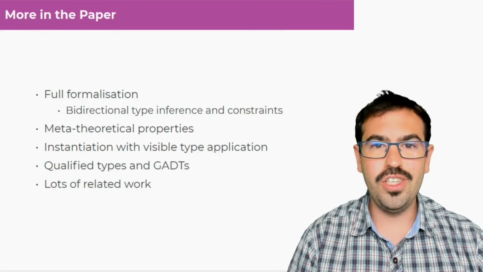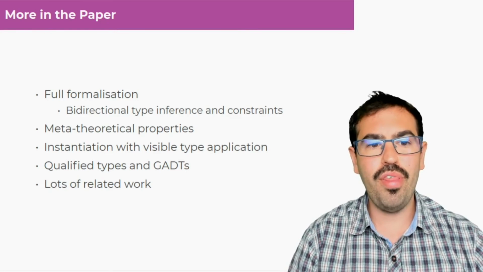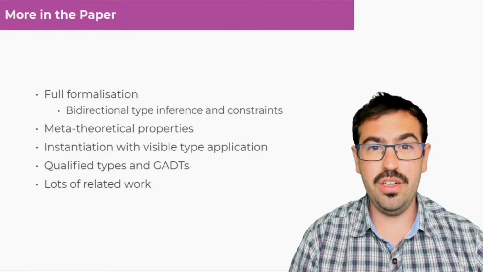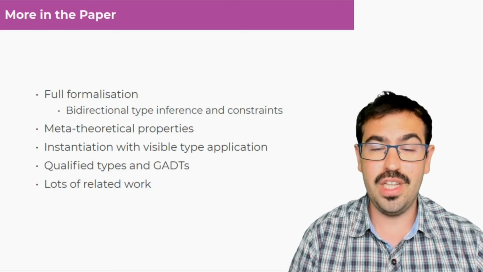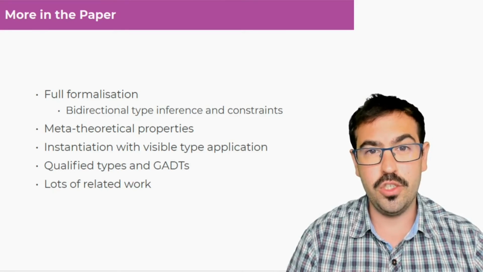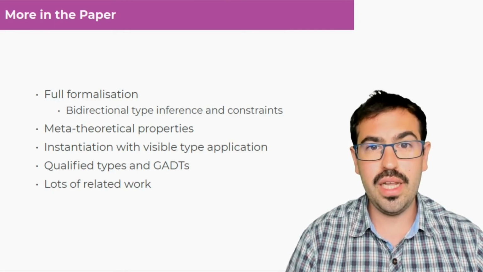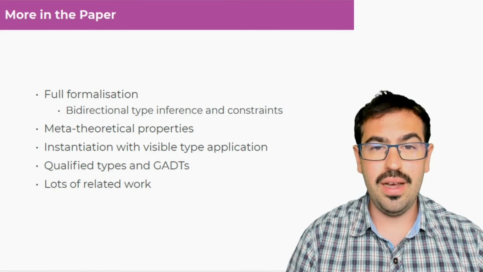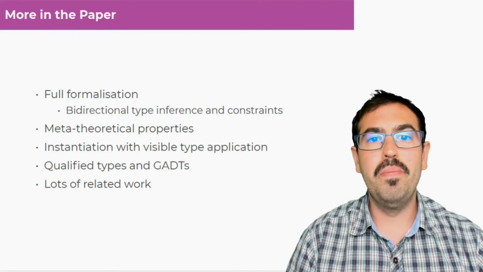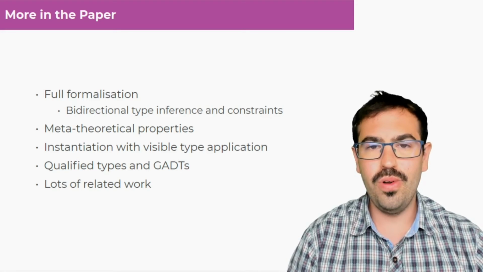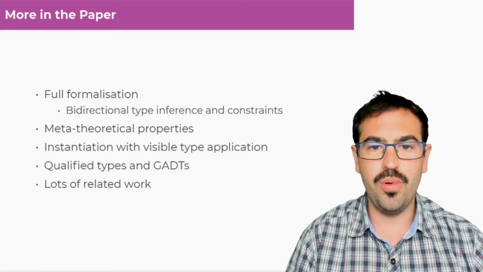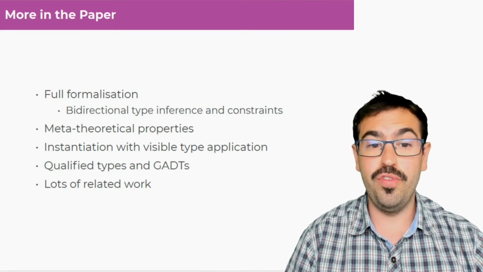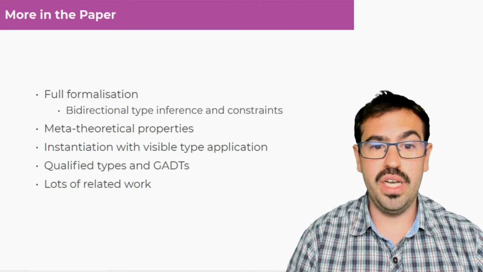Of course, I encourage you to read the paper. There is more there. You have the full formalization, and actually we think it's the first time that bidirectional type inference and constraints had been written down in a paper. This is what was inside GHC, but there was nothing written about how you integrate all of this together. On top of that, we built Quick Look impredicativity.